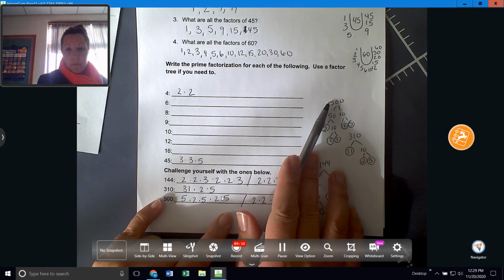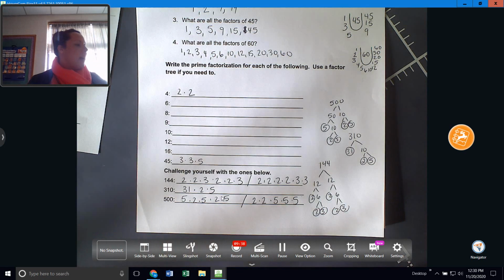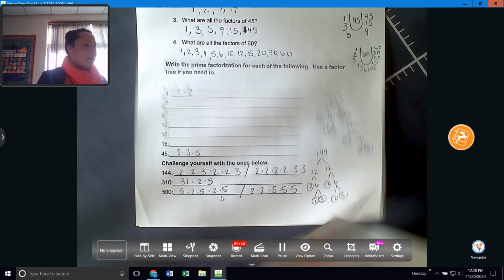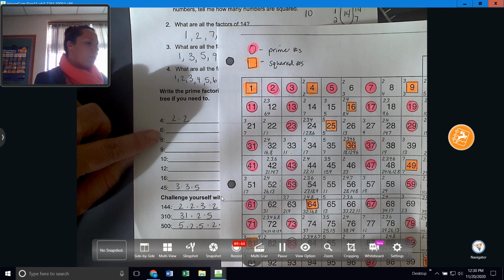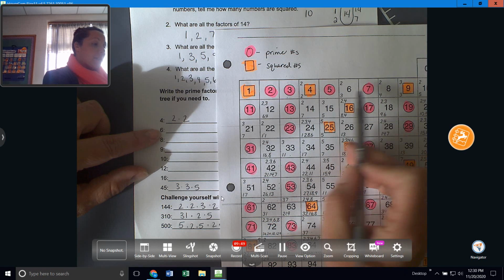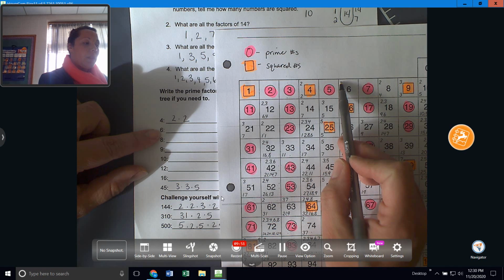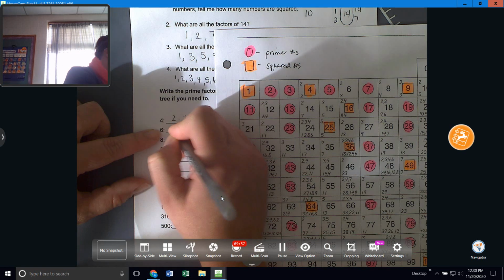So let's think through this. I'm going to use this chart to help me. I need to do prime factorization of 6, so I need the factors of 6. 2 and 3. Those are already prime, so I don't have to do anything more. 2 times 3.